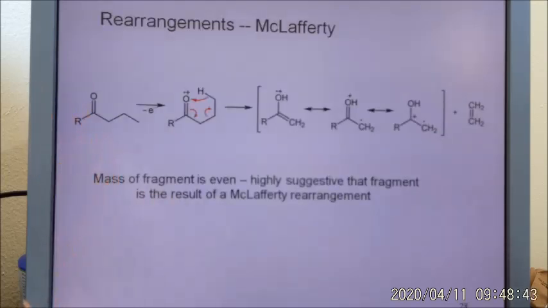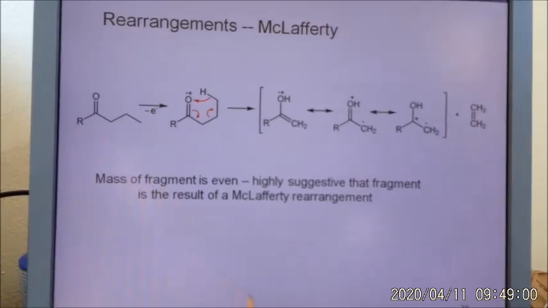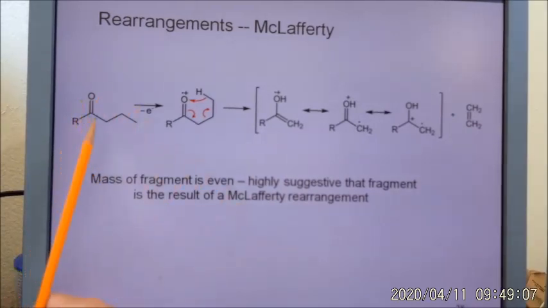If I do a McLafferty rearrangement, these are really, really cute, by the way. When you see the mass of your fragment is even, it doesn't mean it's always McLafferty, but you're thinking, I might have had a McLafferty. R could be oxygen, like you're looking at an ester, but also ketone, aldehyde. What's key is on your alkyl chain, alpha, beta, gamma, you have to have a gamma hydrogen.